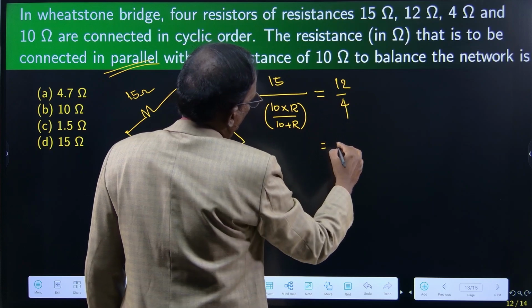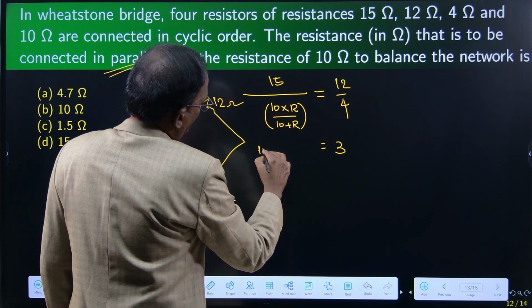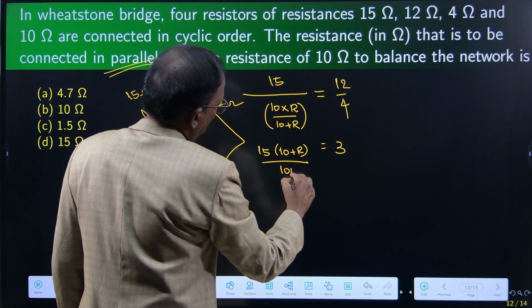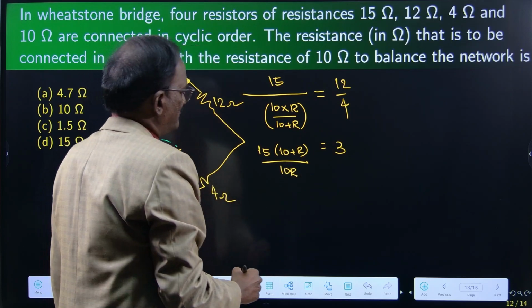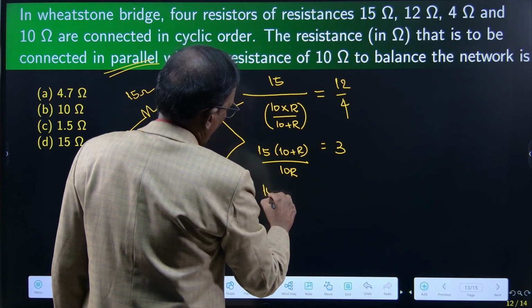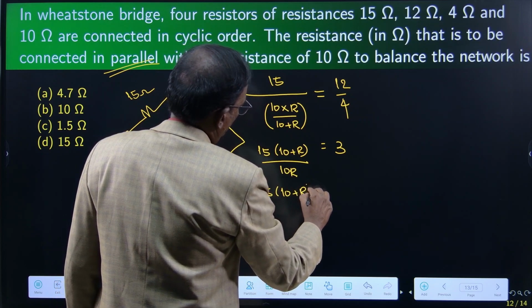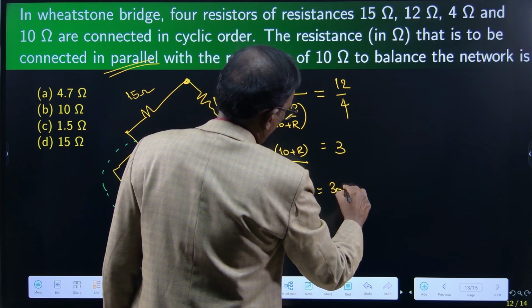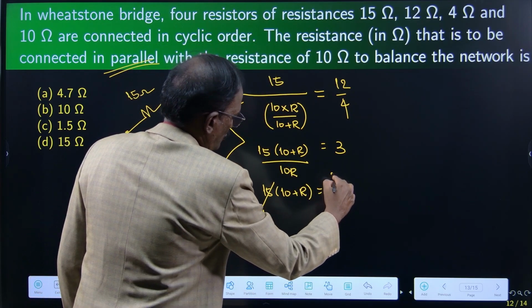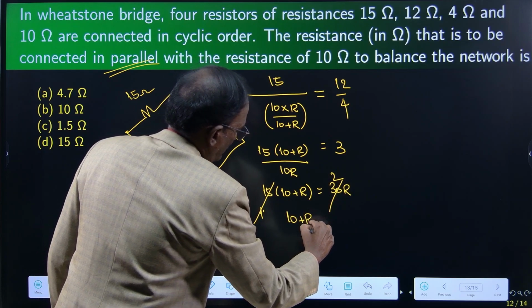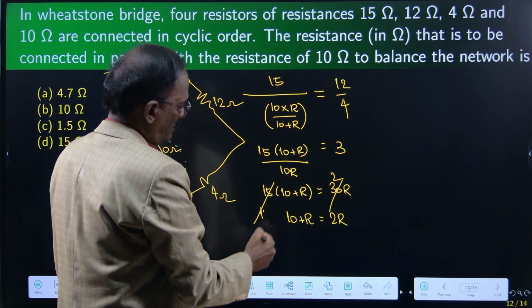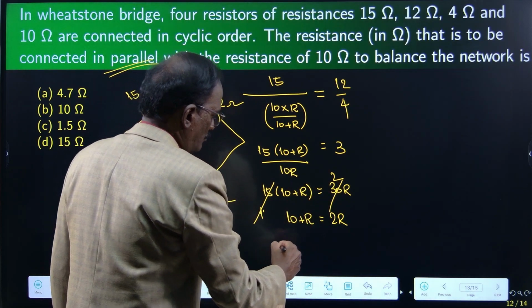So this is 3. Then 15 into 10 plus R divided by 10R is equal to 3. So 15 into 10 plus R is equal to 30R. Then 10 plus R is equal to 2R.